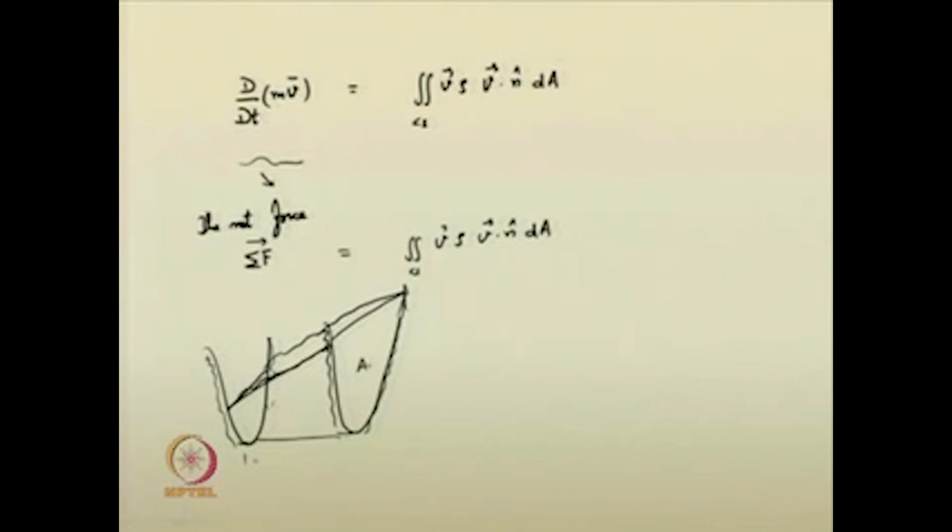Here the area is A2, here the area is A1, V1 is the velocity here, V2, and we are averaging it. I hope you remember that, V1 bar, V2 bar. The discharge is the same in both the sections.